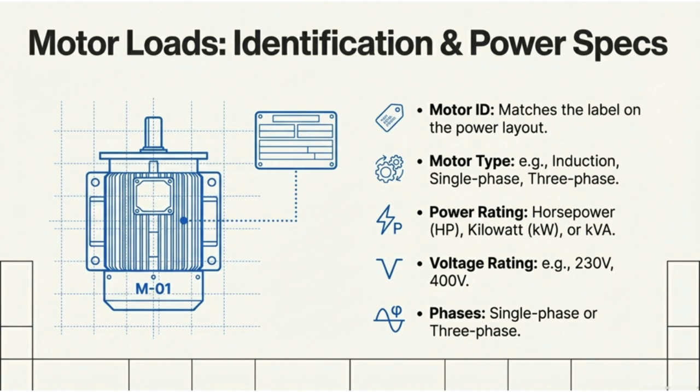These details ensure that the motor is connected to the correct circuit and protection device. Parang ID ng tao din yan. Bawat motor may sariling identity sa plano. It's important when calculating short circuit. Dapat identified ang motor, walang pwedeng magkatulad ng ID sa buong electrical system, like motor 1, isa lang yan dapat sa buong single line diagram, motor 2, and so on.